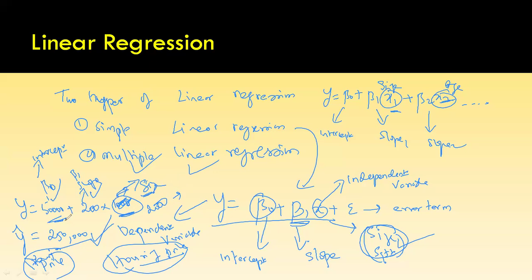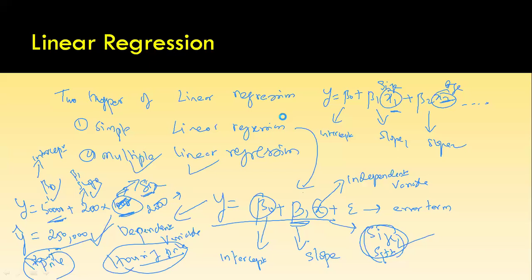Got it? So now the question is, how did I get these beta naught and beta 1 values? Are there any formulas available? Yes, though you don't have to compute it manually. It is computed by the model, the statistical software, the beta naught and beta 1.